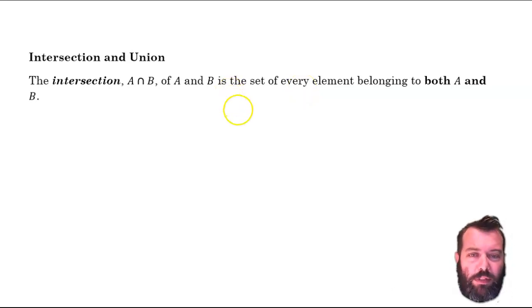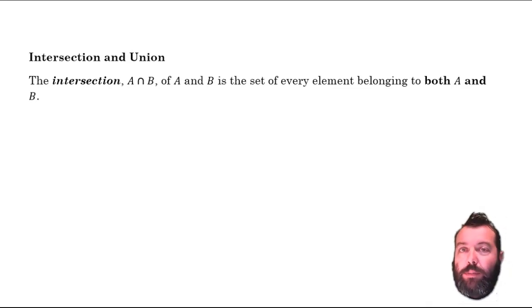Okay, so if something belongs to both of those groups, both of those sets, then that belongs also to the intersection of them. Not one or the other, has to be both, has to satisfy both criteria.